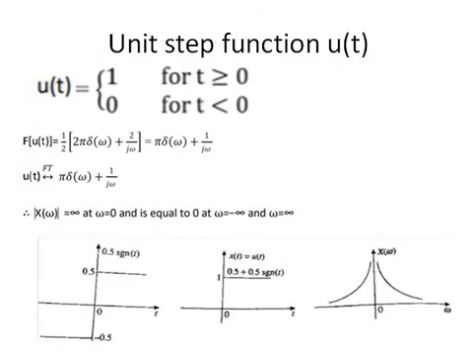Next is the unit step function. The unit step function is similar to this function and is easy to apply. If we apply the Fourier transform for the unit step function, we will get pi times the impulse function plus 1 by j omega.